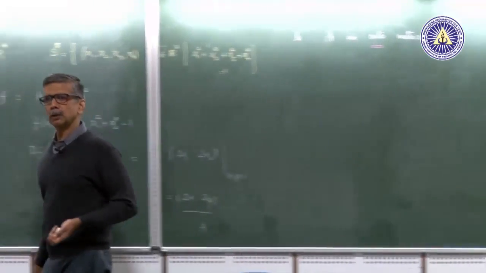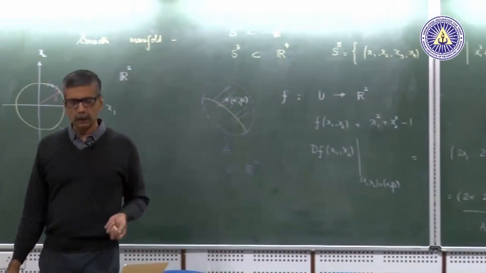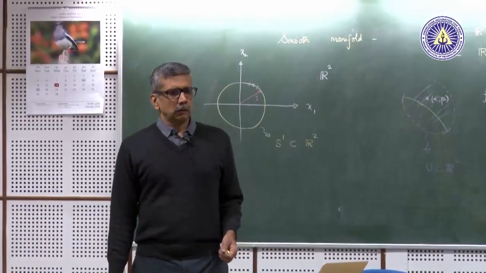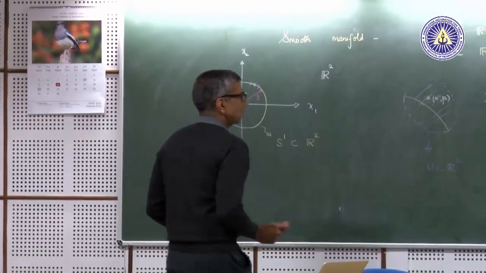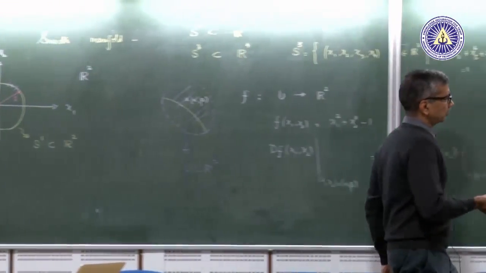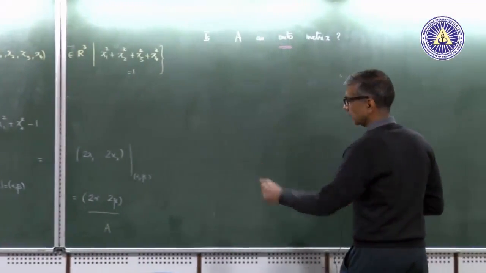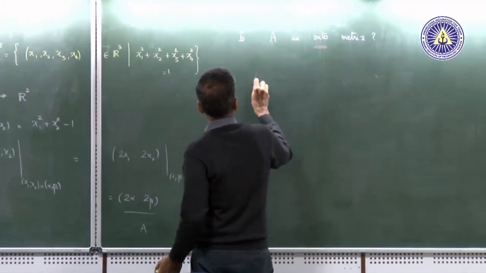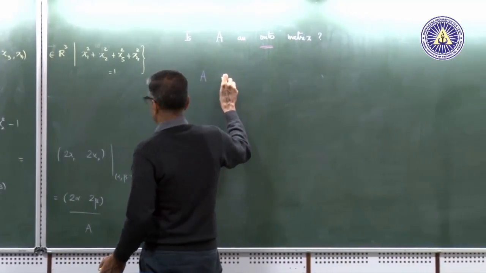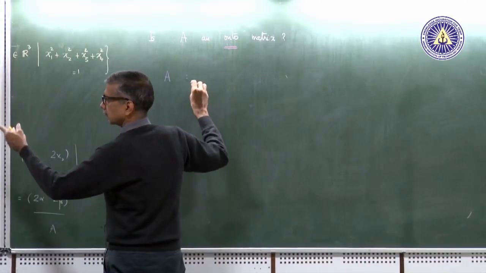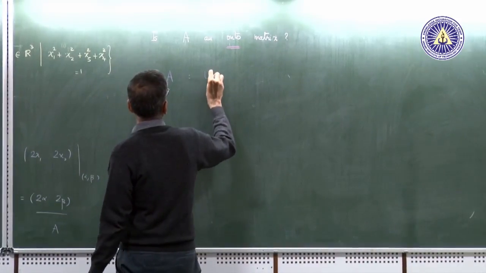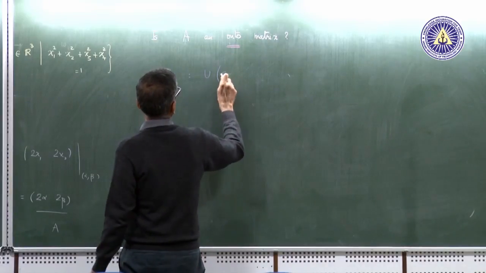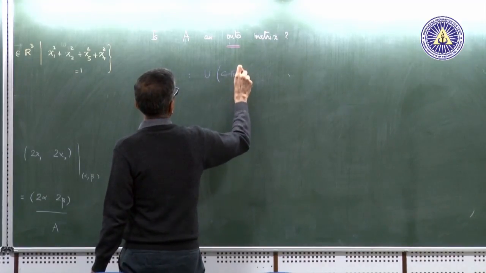How many of you know what is an onto and how many do not know what is onto? You do not know what is onto. So onto means, so let's take A. What does A do? A takes some region U which is sitting in R2.